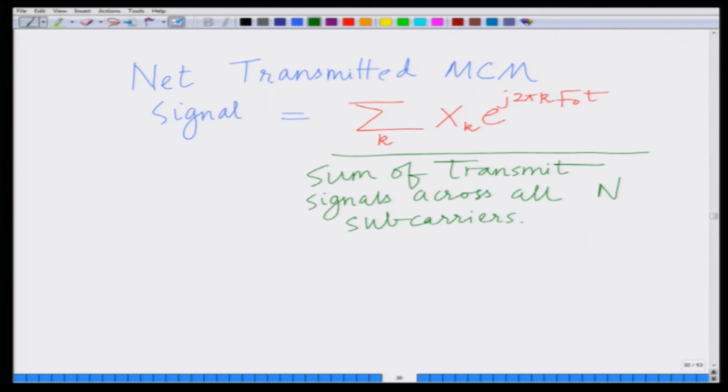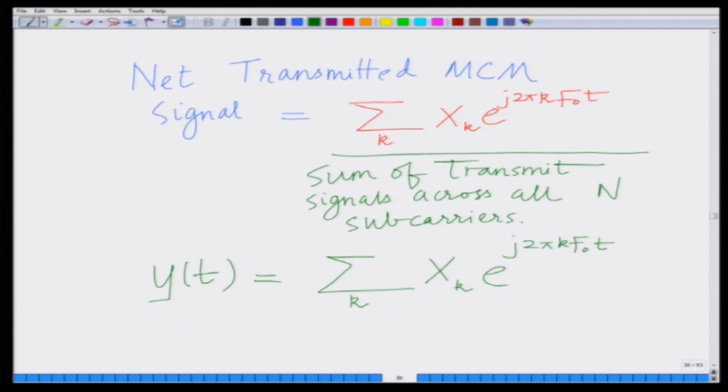And now, let us say that the received signal, so this is the transmitted signal. So, let us say I have the received signal, which is given as x_k e to the power of j 2 pi k f naught t. Obviously, here I am ignoring the noise at the receiver.